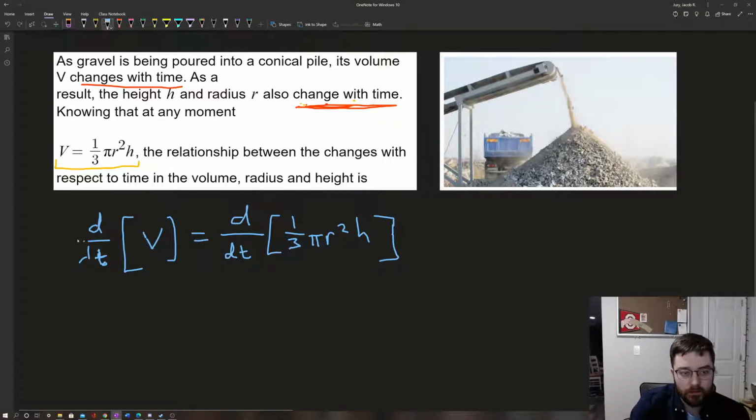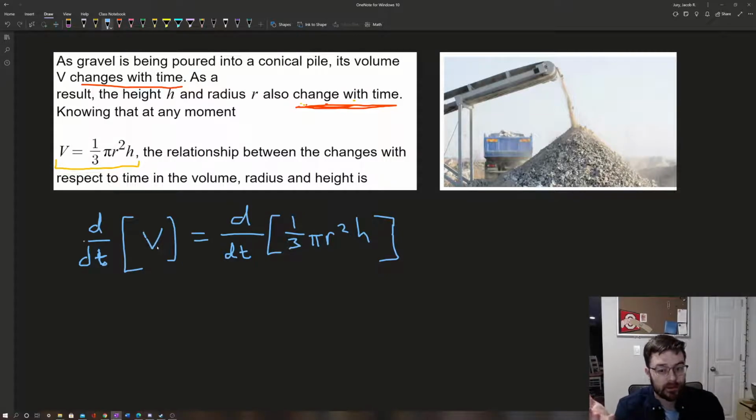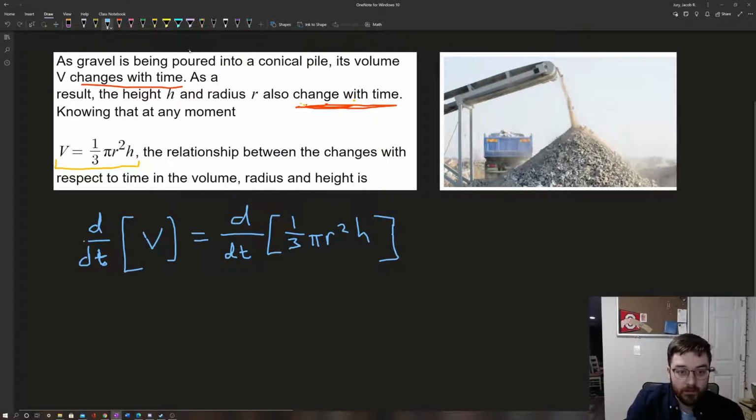The way we find the change in volume over the change in time is with derivatives. That's why we're taking the derivative with respect to time. And not only that, but we're using implicit derivatives to do that. Now, in this problem, we have V as a variable, we have r as a variable, and we have h as a variable.